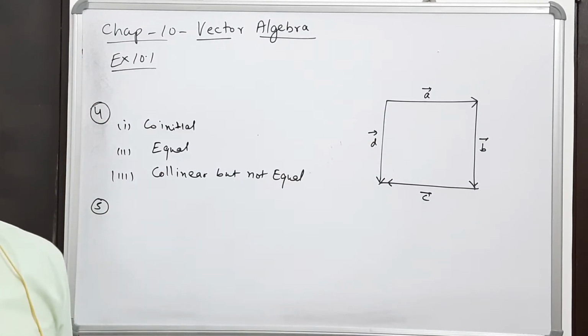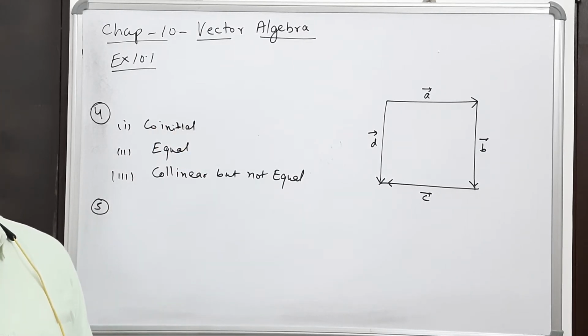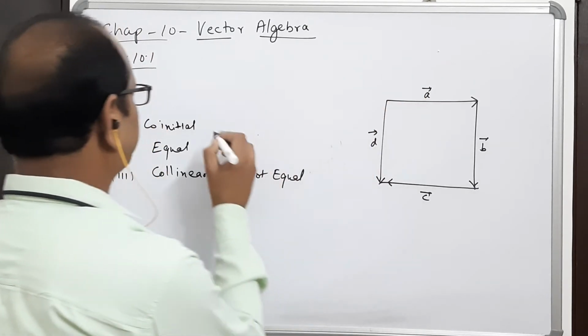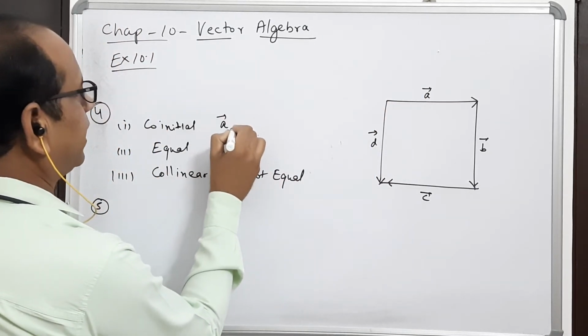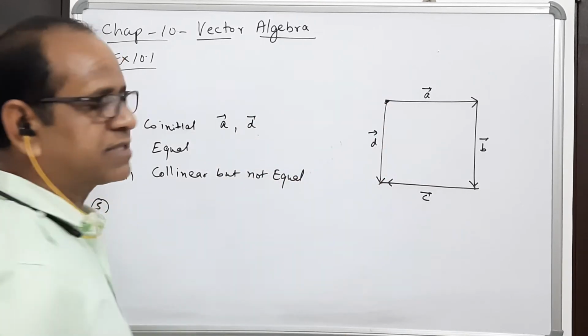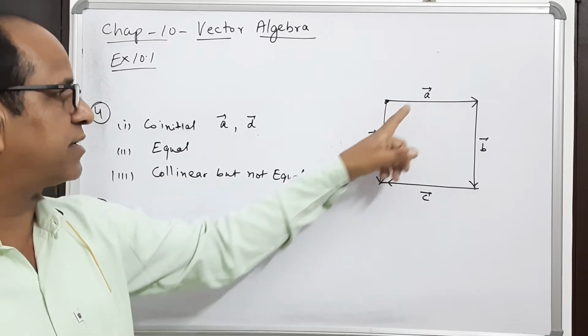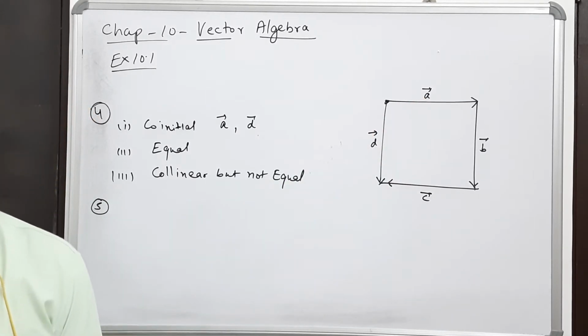And there are some vectors which are represented here. First, we have to find co-initial vector. As I already explained you about the definition, see this vector. It is vector A and vector D. See, they are starting from a single point, from the common point. So these two vectors are known as co-initial vector.